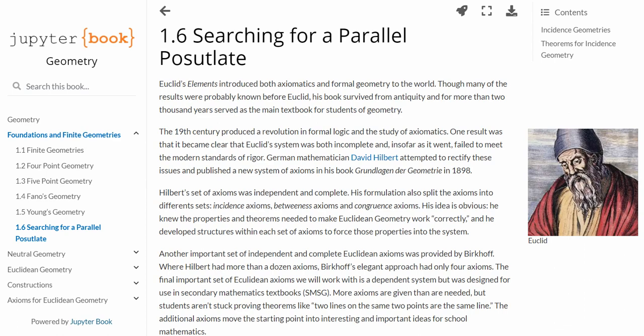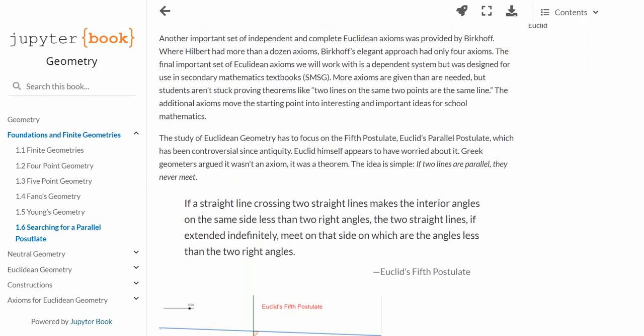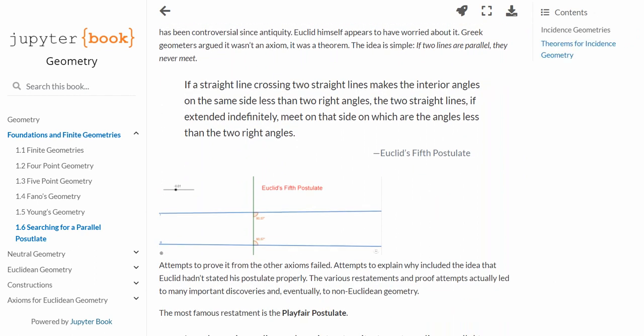But the problem was Euclid's fifth postulate, and here it is with an animation. It's kind of confusing, which is why I put a diagram in.